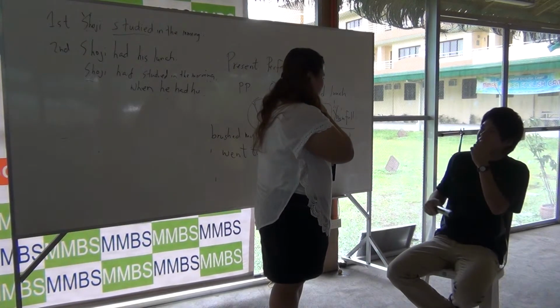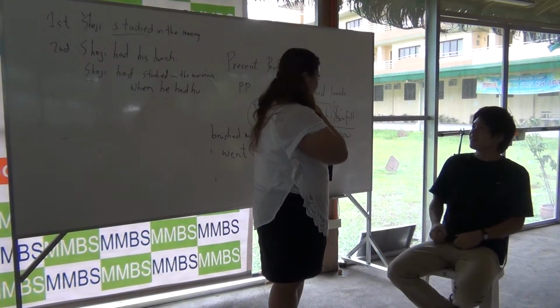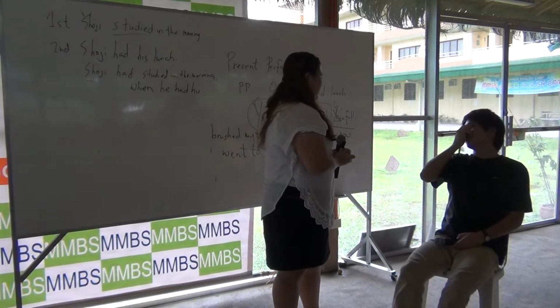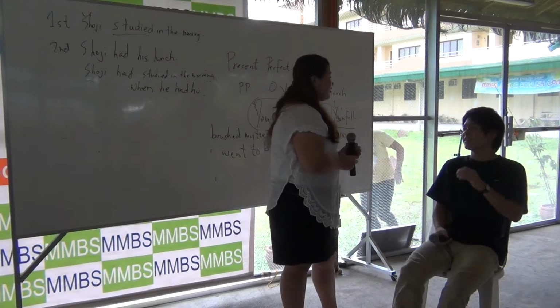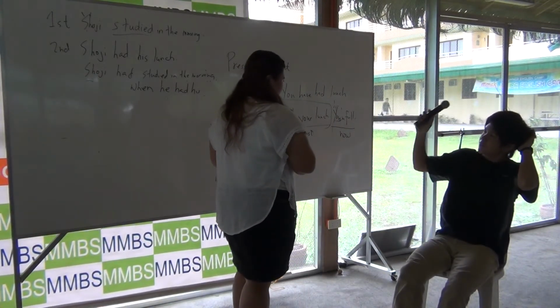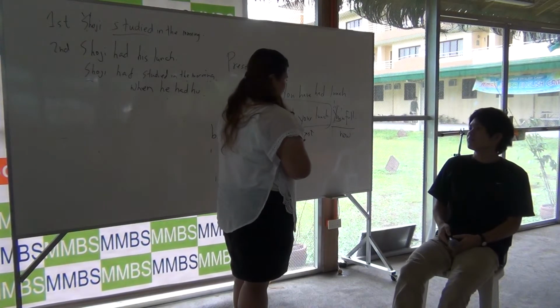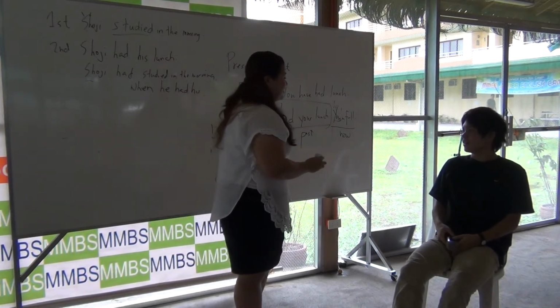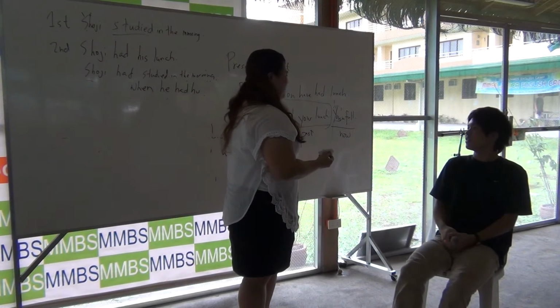One more time, could you explain more? Past perfect is for an action that was completed first, before another action happened. Okay. Do you have any questions? It's hard to explain. Hard to explain, but did you understand? Yes, I understand. Okay, thank you so much.